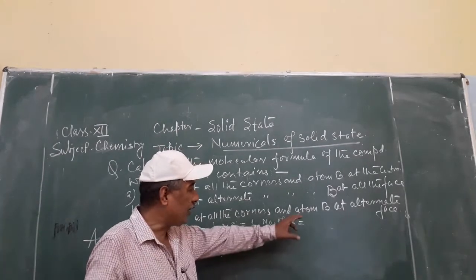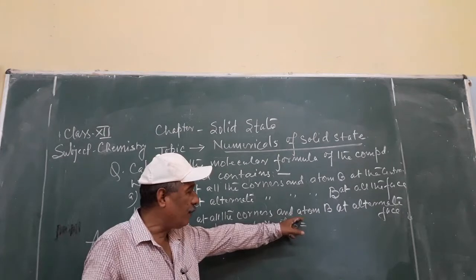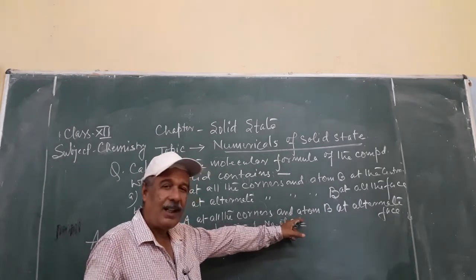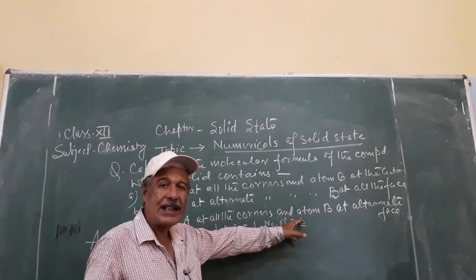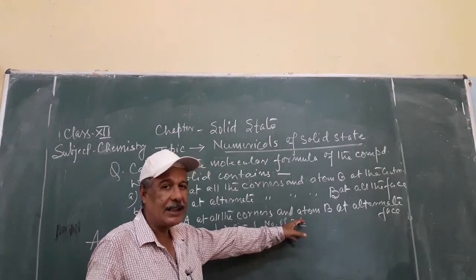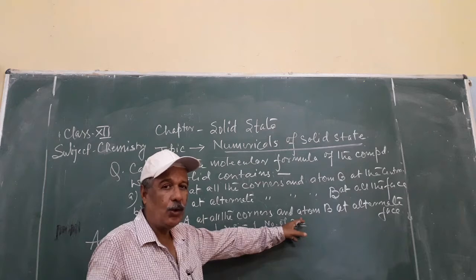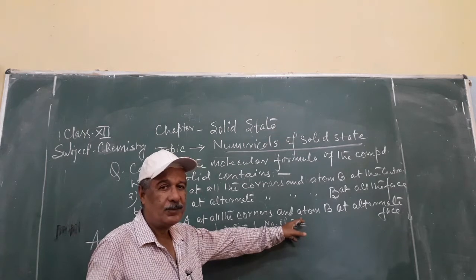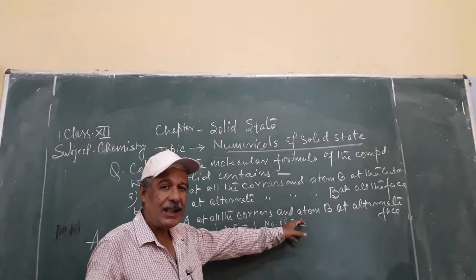Give full concentration here. Atom B is not on all the faces, but on alternate faces. In a cube there are 6 faces.